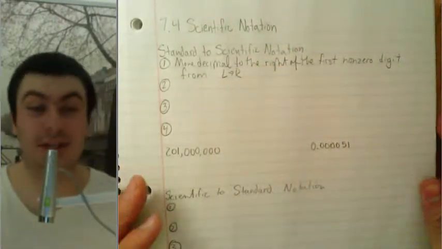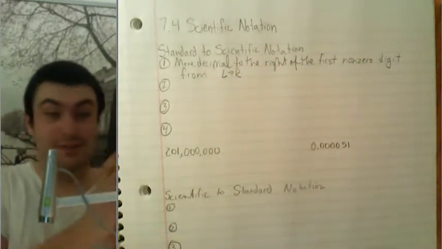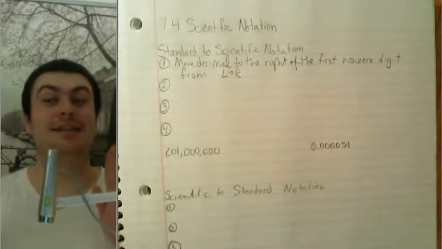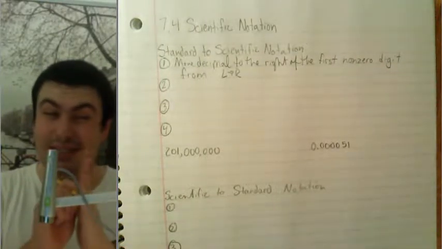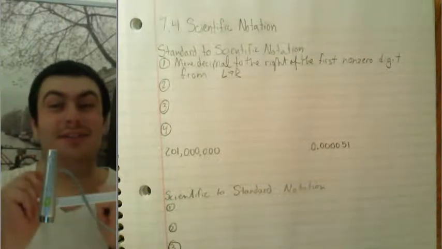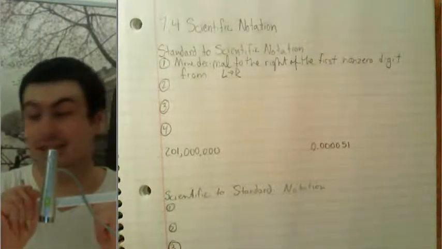So as you are looking at the number from left to right, put the decimal place just after the first non-zero digit.